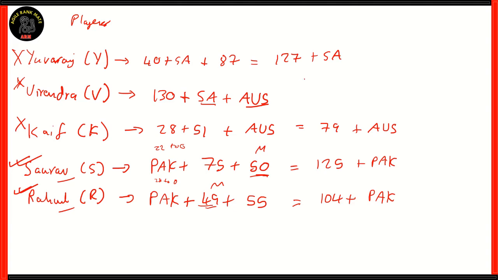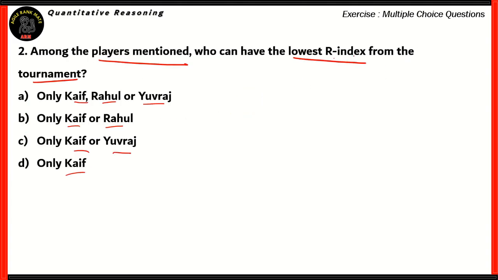Now let's consider Virendra's R index. The R index basically means highest score minus lowest score, and we need to find the lowest possible value for that R index. For the lowest possible value, the lowest score has to be high.